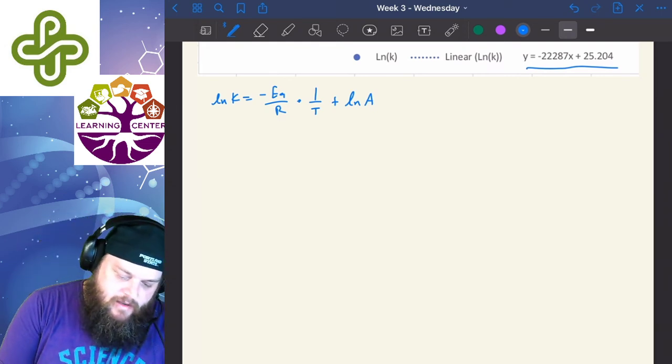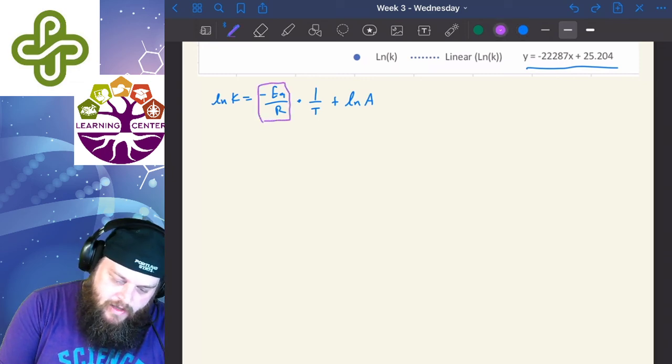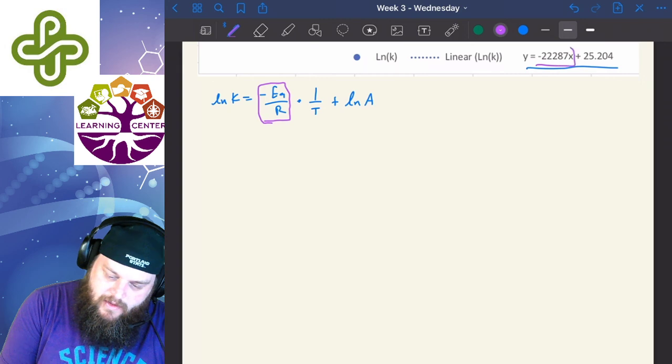I can say that's y. So really, this negative EA over R is equal to this slope, and this is equal to x, this is equal to y.